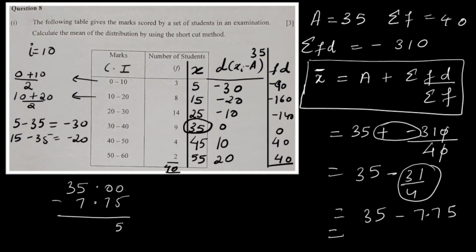So we'll get 27.25. So mean is equal to 27.25. So we have calculated the value of mean by using the shortcut method. In the shortcut method, you have to remember the formula, and with this method only we have to do.